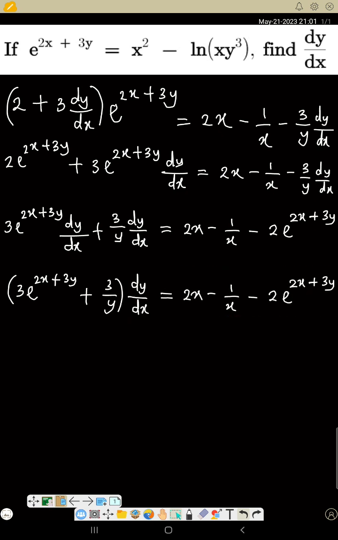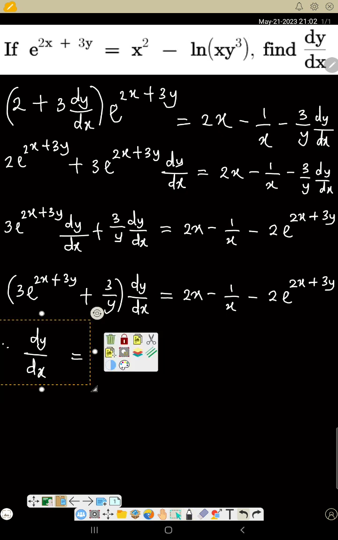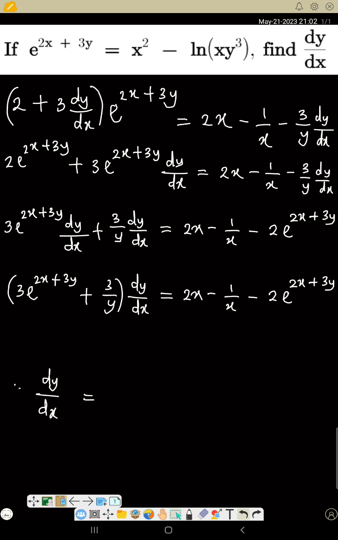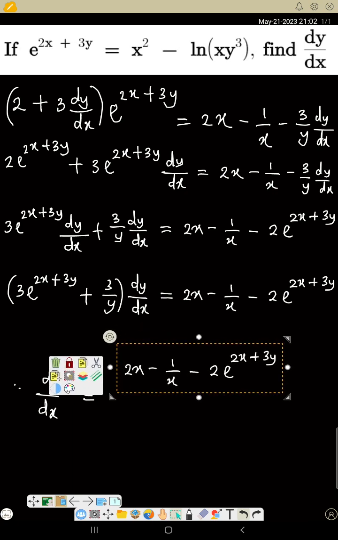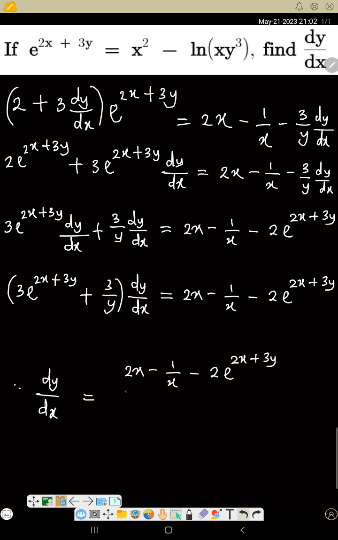So that means our next step now will be dy ds will be equal to all this. So everything there divided by, as in everything here divided by this.